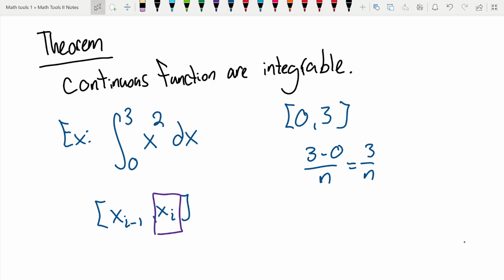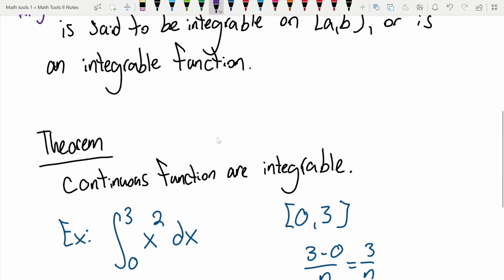One helpful formula with this that I can write up in this little crevice right here is a general formula for the xith point: x0, which is a, plus i times delta x. Here x0 is equal to a.